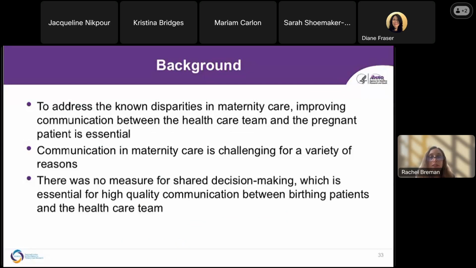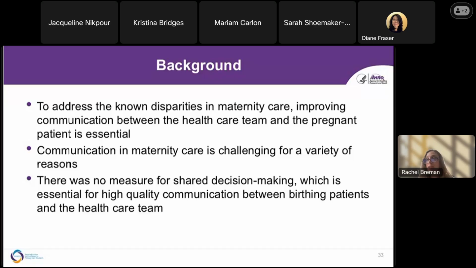One of the main issues in this field, and I'm assuming some of you manage pregnant patients, is that there are disparities, as well as a recurrence in the literature and in media and social media that these patients feel they are not being heard, their families feel that they are not being heard, and good, transparent communication in maternity care has been a challenge.